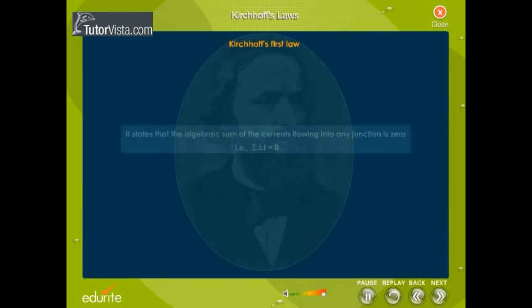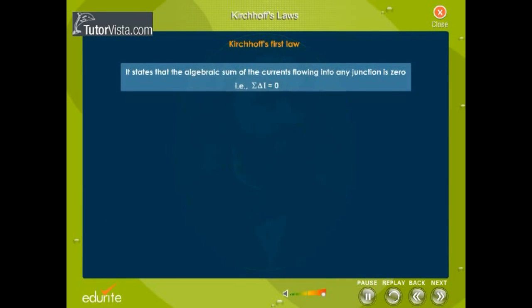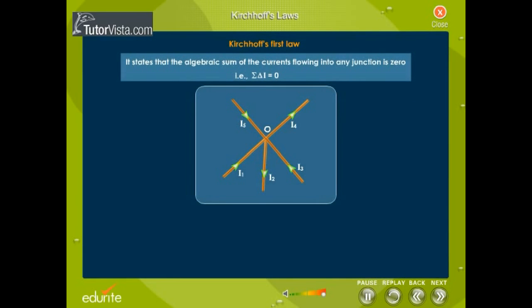Kirchhoff's first law states that the algebraic sum of the currents flowing into any junction is zero. That is, sigma delta I is equal to 0. Consider a circuit having 5 current elements meeting at a point O with currents I1, I2, I3, I4 and I5. To take their algebraic sum, we assume a sign convention.